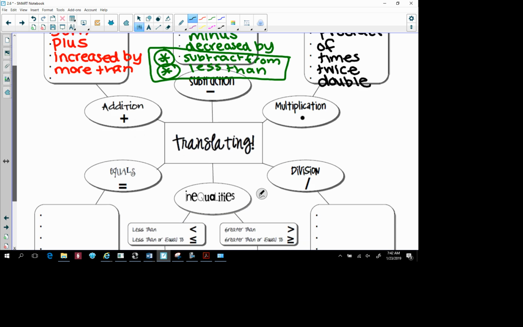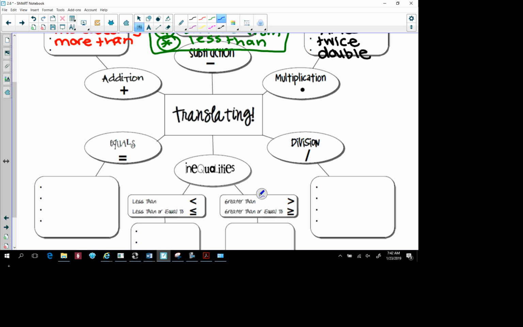Division, we have quotient, ratio, divided by, into, half.